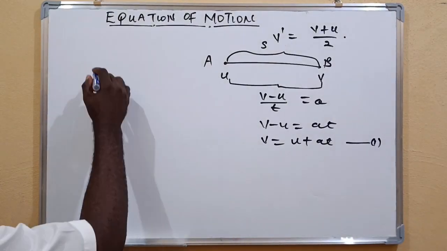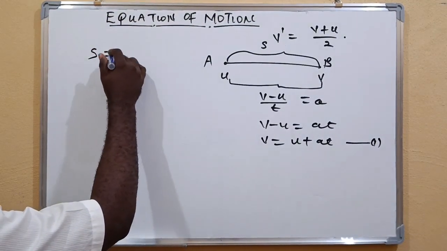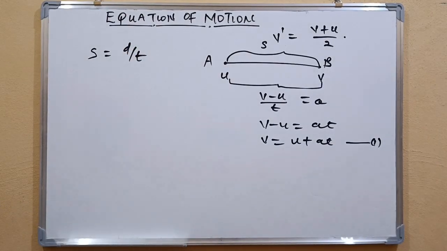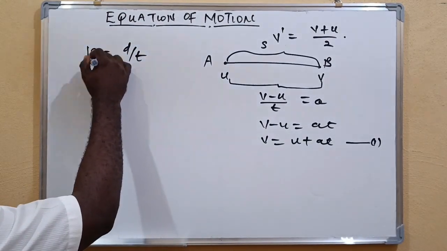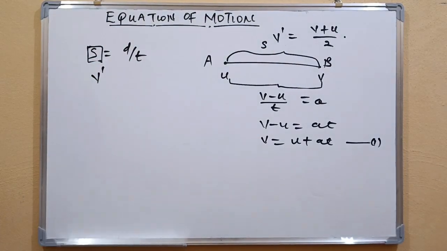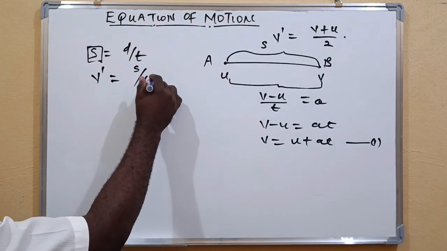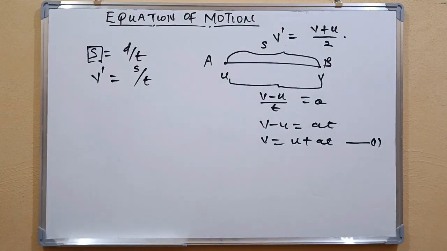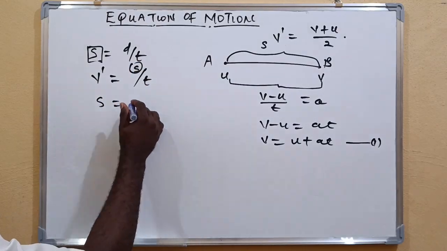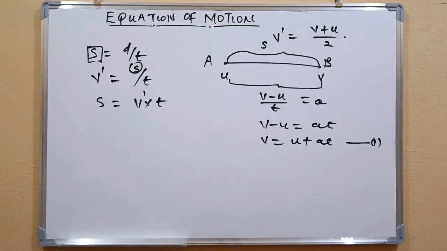So take note that your speed is simply your distance divided by time. Okay, so if I replace this speed with velocity, average velocity v1, I'm going to have my distance, which is s, divided by time. So my distance, which is s, is now my average velocity v1 multiplied by t.